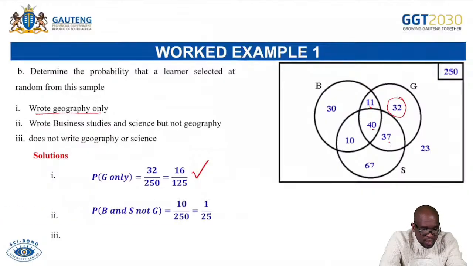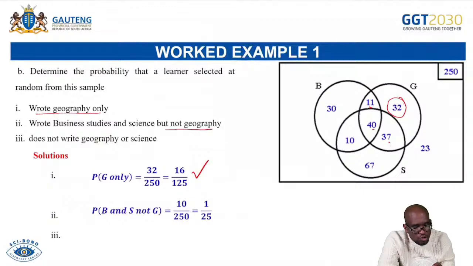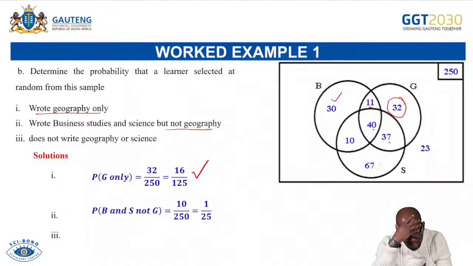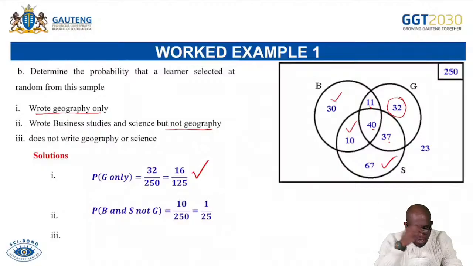And then from there, wrote business studies and science, but not geography. Business studies and science, but not geography. There is business, there is science, there is the combination of business studies and science, but not geography, all right?